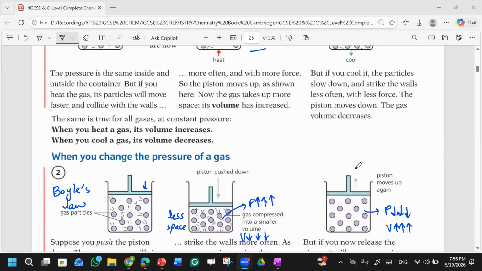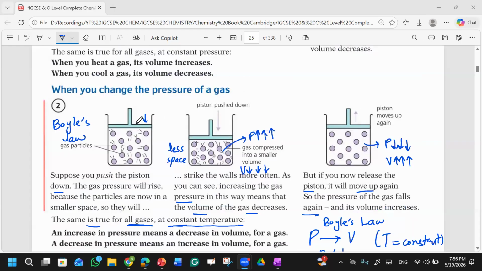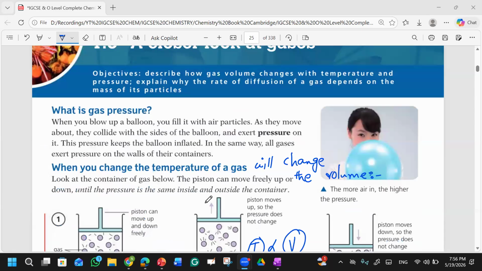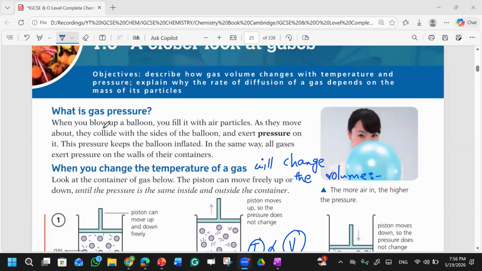So now we are done with this part, what is the effect of the pressure on the gas volume, what is the effect of the temperature on the gas volume, and what is the gas pressure? We discussed it in the last class. Gas pressure is like when you fill up a balloon and all of the air particles collide on the sides of the balloon, and it exerts pressure, and the pressure makes the balloon inflated.